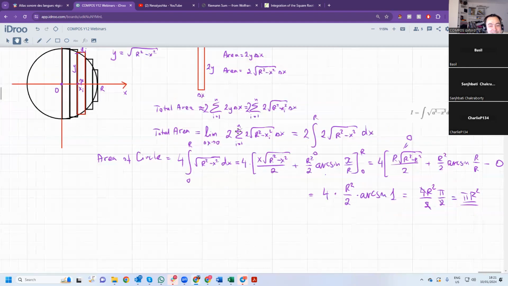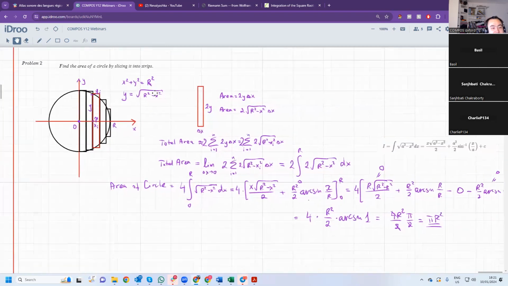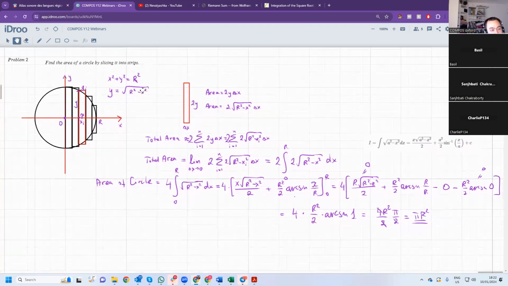It's the area of a circle, and we've sliced it into strips. That's how we've used the Riemann sums here. What's the calculation without the integral? Well, what do you mean?